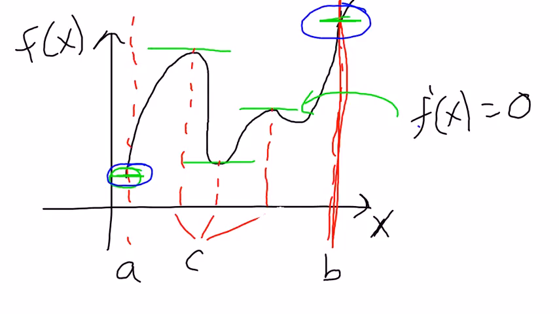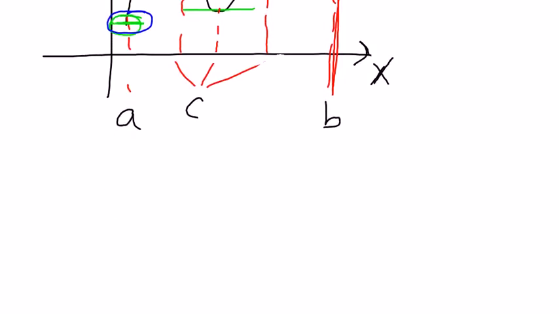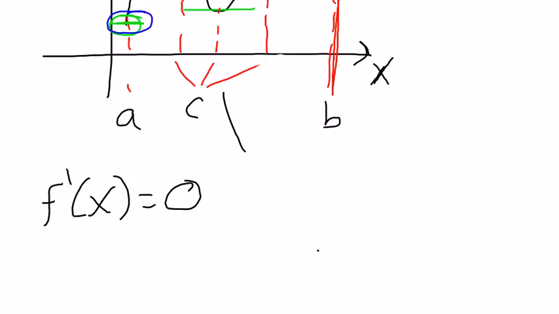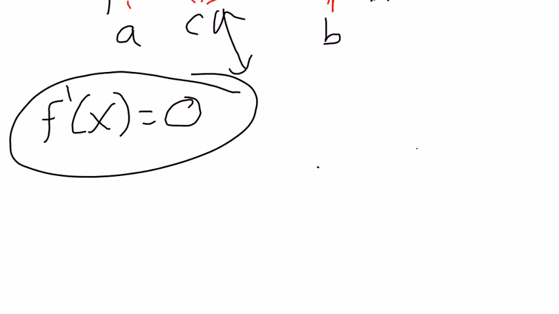So when you solve for critical numbers, you do so by setting the derivative equal to 0 and solving for whatever x is going to allow that to equal 0. So there are two ways to define critical numbers.